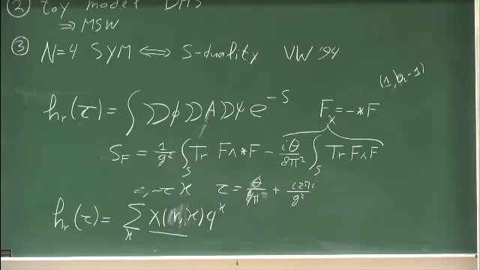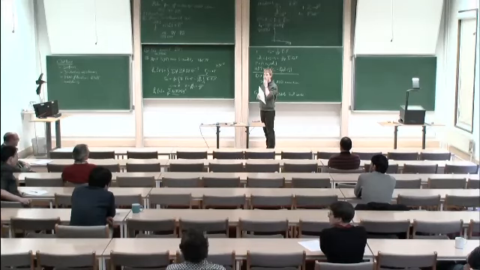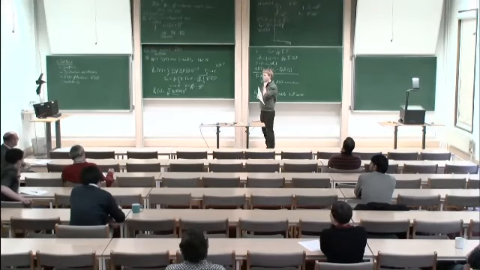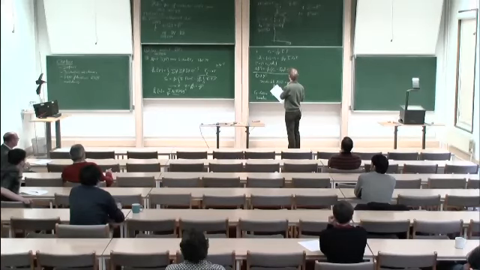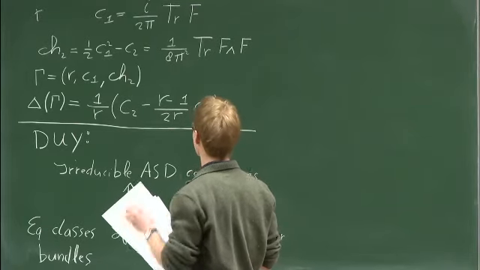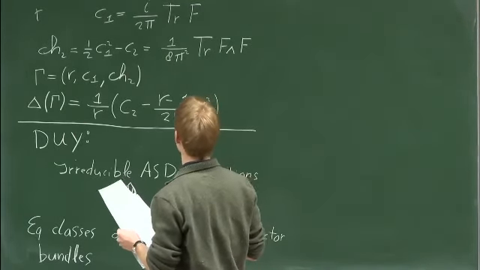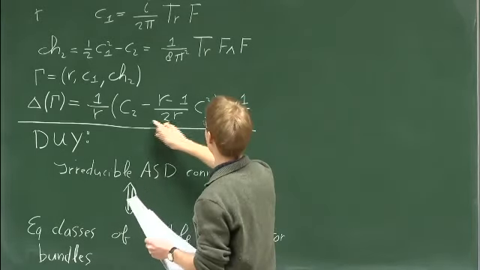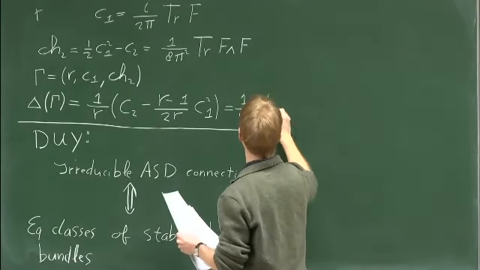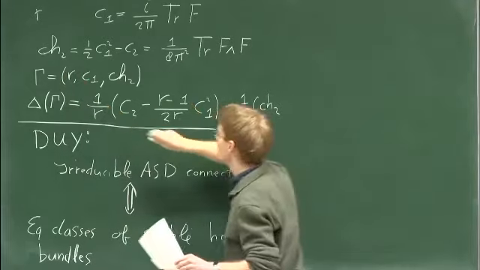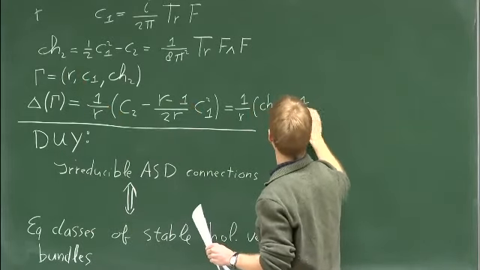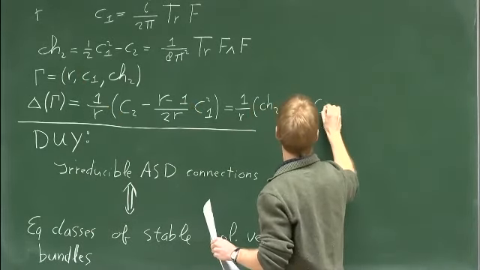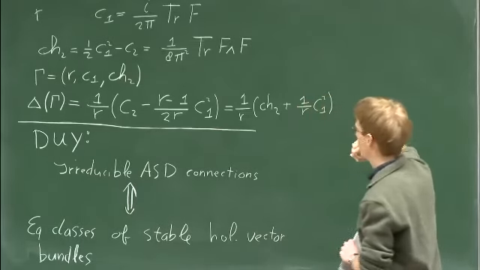I was wondering what the meaning of the discriminant is. Is there some quadratic form that you make out of gamma that this is the determinant of? Yeah, you can write this as 1 divided by r times the second Chern character, plus 1 divided by r times c1 squared.